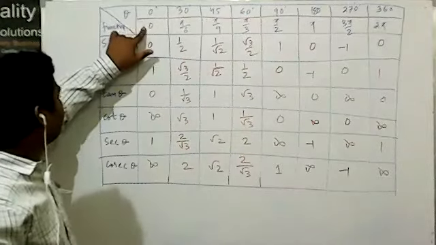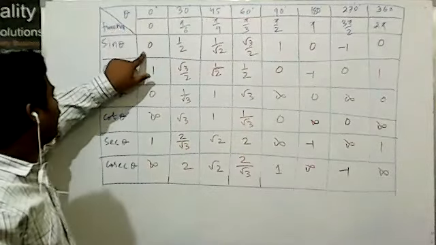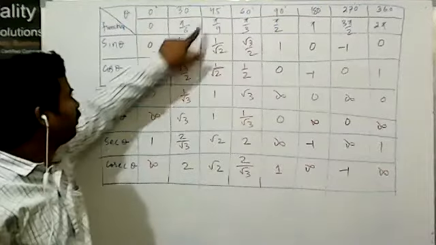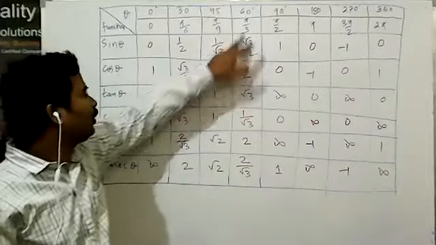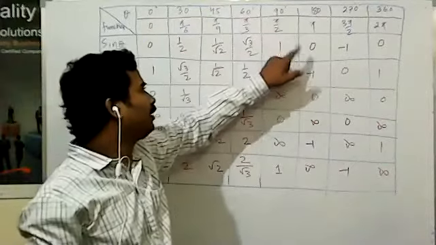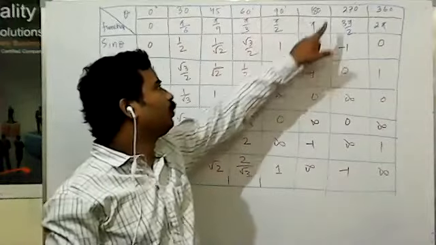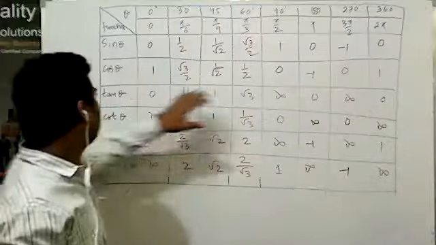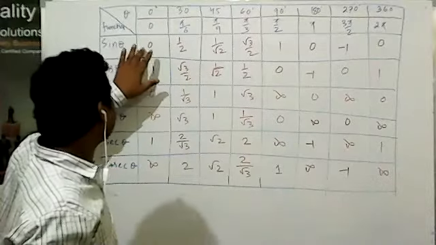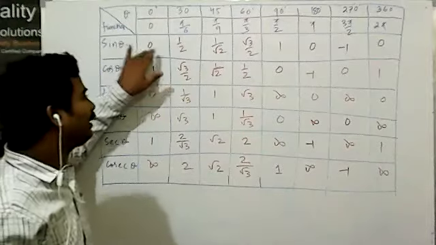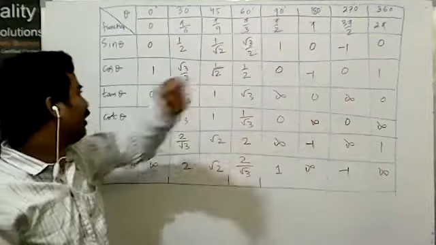Here, 0 degree has a sine value of 0, 30 is 1 by 2, 45 is 1 by root 2, 60 is root 3 by 2, 90 is 1, 180 is 0, 270 is minus 1, and 360 is 0. The sine function is increasing, so it is in increasing order.